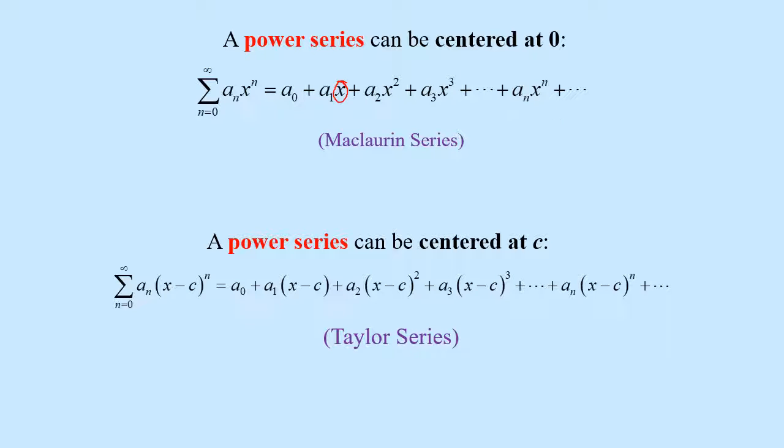For example, if this was centered at 1, then this would say x minus 1. All of the x minus c's would be x minus 1. If, however, it was centered at, say, 2, then these would say x minus 2. Everywhere there's a c, it would be a 2. That would be centered at 2.